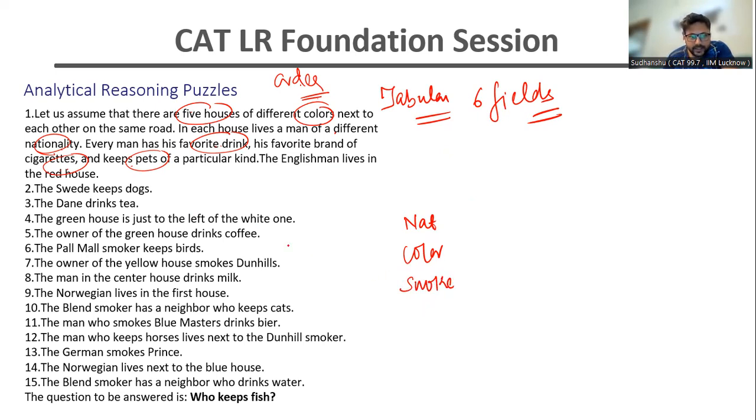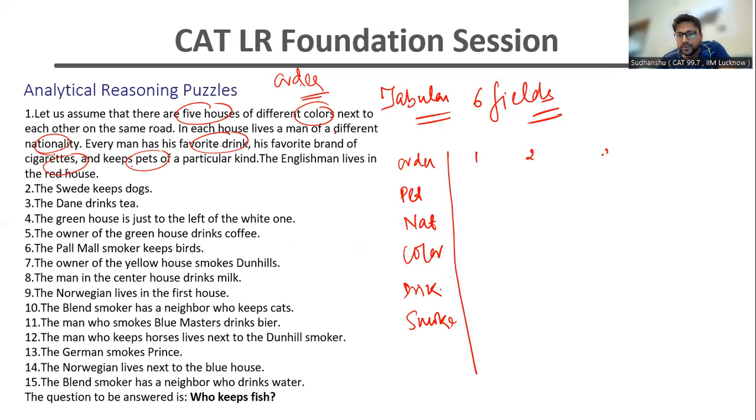And let's say that there is a drink also. So drink, let's take smoke, right? And there is a pet also. So 1, 2, 3, 4, 5 fields are there, and there is an order of the houses. So let's take order as 1, 2, 3, 4, and 5, right?